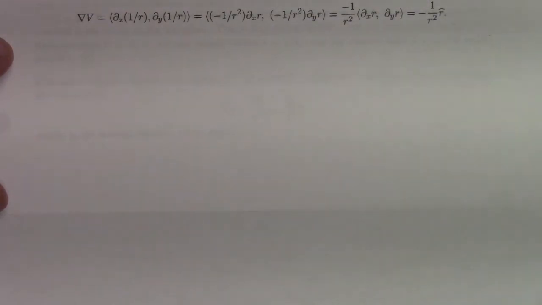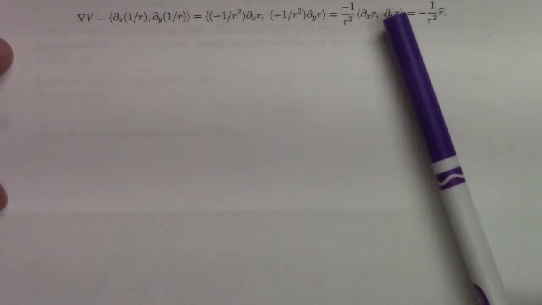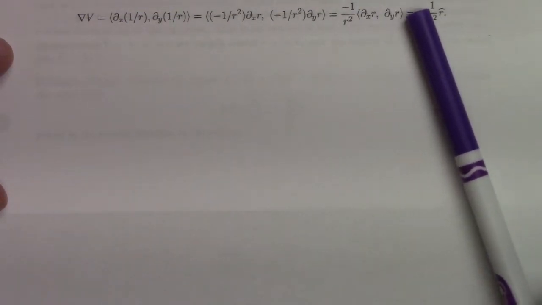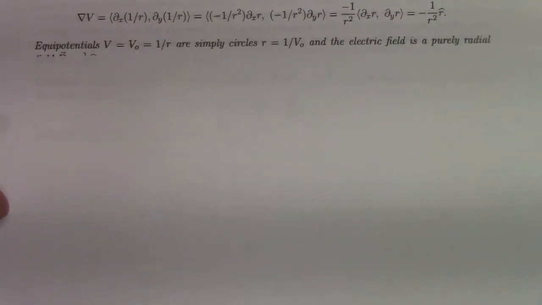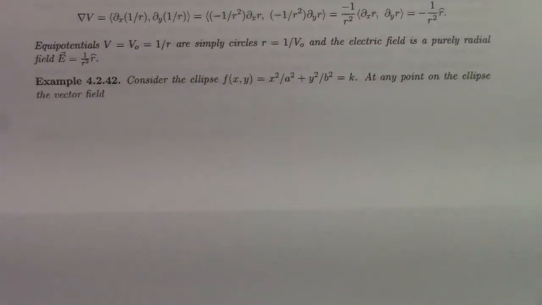But we calculated this just a second ago in the previous example, and we found that that was r hat, so I'm just using that result again. So the equipotentials of 1 over r are simply circles, and the electric field is a purely radial vector field. It just points out in the unit radial direction, and it drops off as the reciprocal of the square of the distance from the origin.